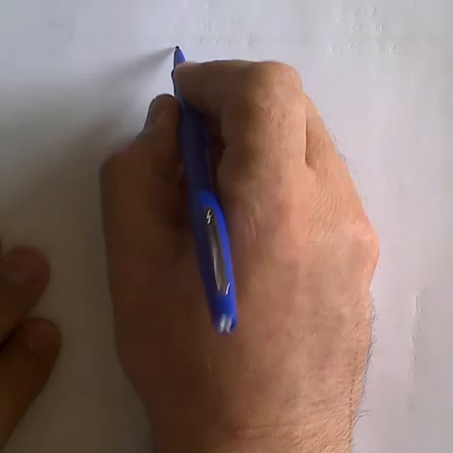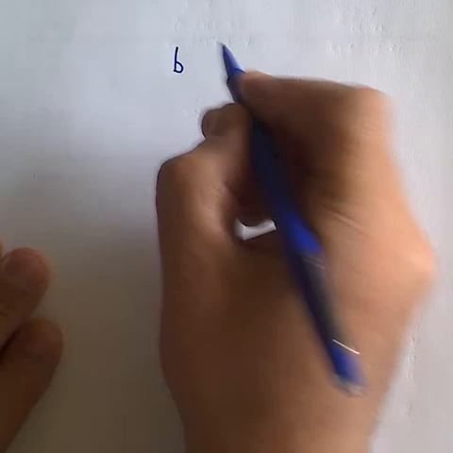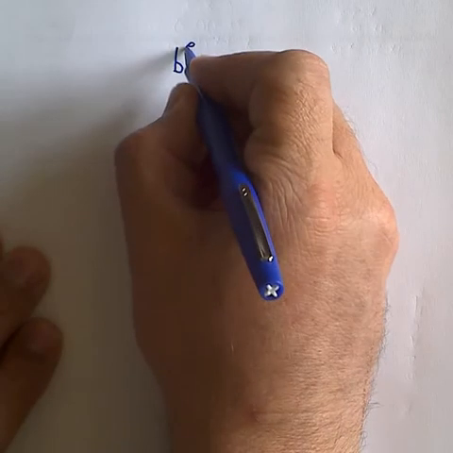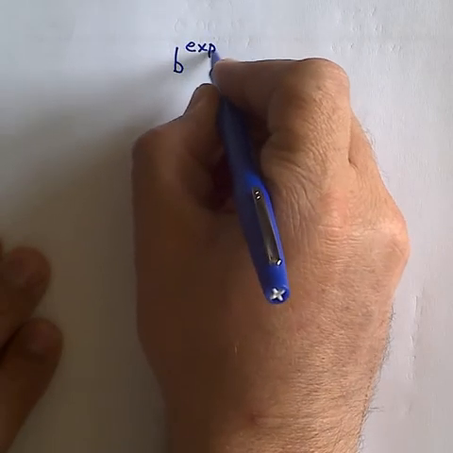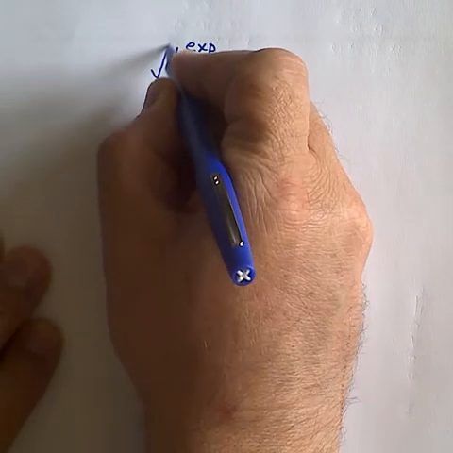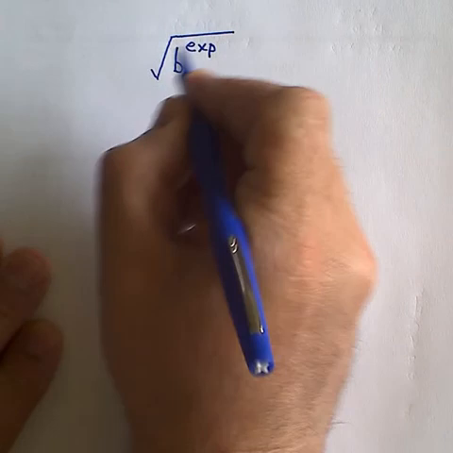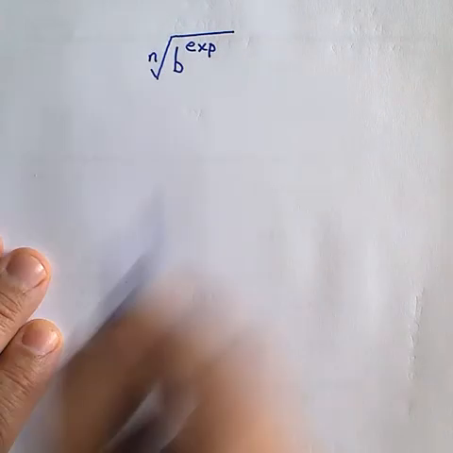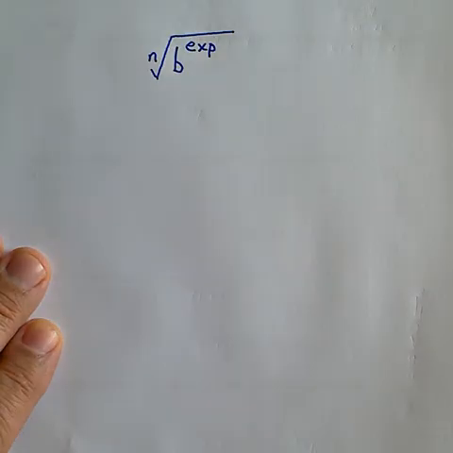So the basic premise is this. If you have some base b raised to some exponent, you can take some nth root of that thing, and it will look like that, okay?